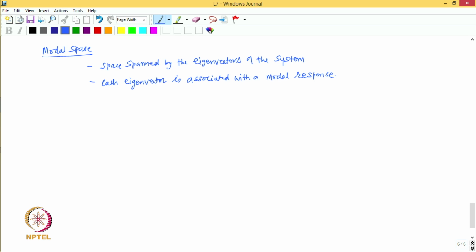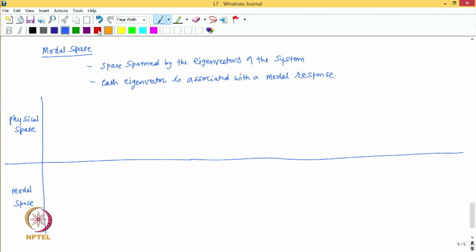So, let us compare what we can call the physical space and modal space. Let us first of all see the system. Let us take the example of a 3 degree of freedom system to understand this comparison.